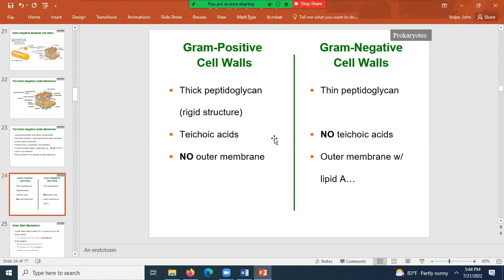The gram-positive cell walls have teichoic acid in them. There's no teichoic acid in the gram-negative cell walls. The gram-positive cells do not have an outer membrane in their cell wall. The gram-negative cell walls always have an outer membrane with lipid A in it if the cell has a cell wall. Any questions about any of that?